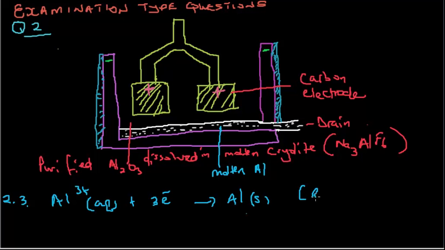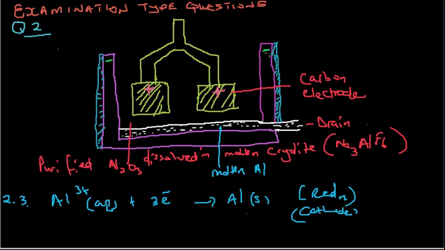This one is a reduction reaction. Why? Because we are adding electrons there. So our half reaction for the formation of aluminium is Al3+ plus 3 electrons to Al solid, and this occurs at the cathode, which is our negative electrode.